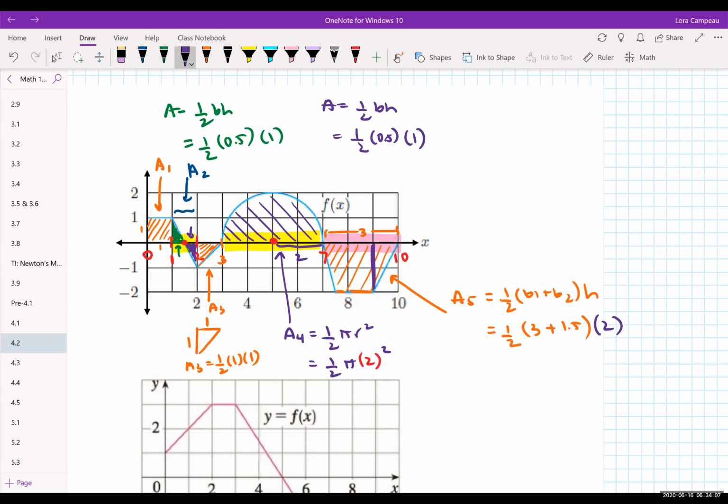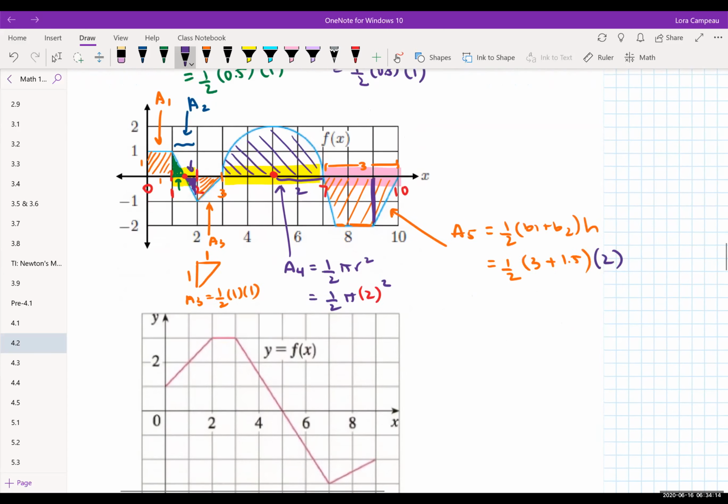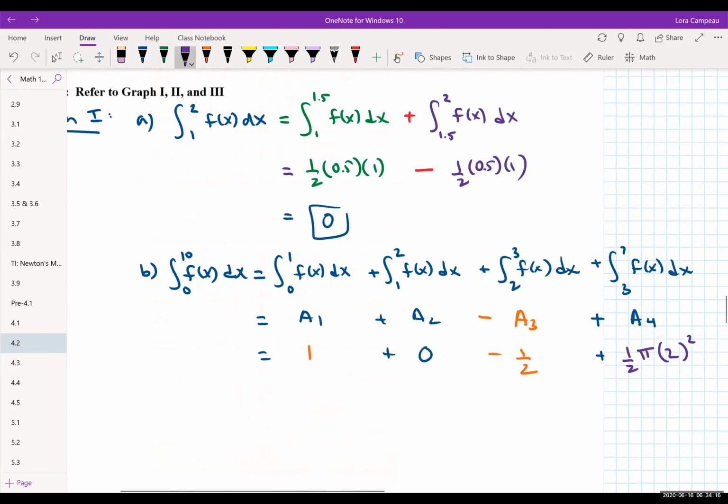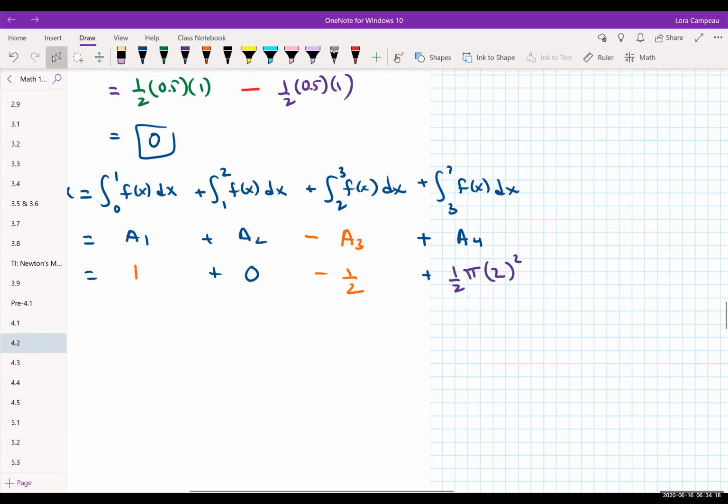Now, because that is directly, completely below the x-axis, it's going to be negative. So I'm going to have to write that in just to make sure. I have one more area. The integral would be from what? 7 to 10 of our function.